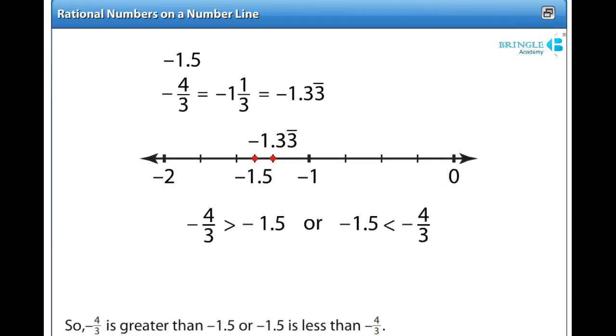So, -4/3 is greater than -1 5/10, or -1 5/10 is less than -4/3.